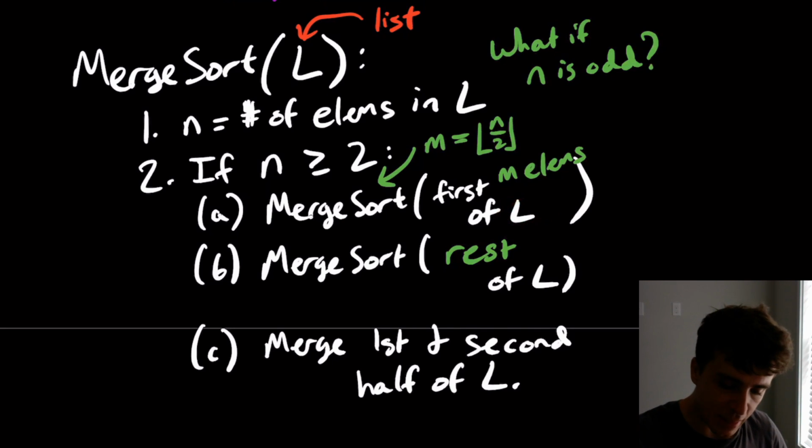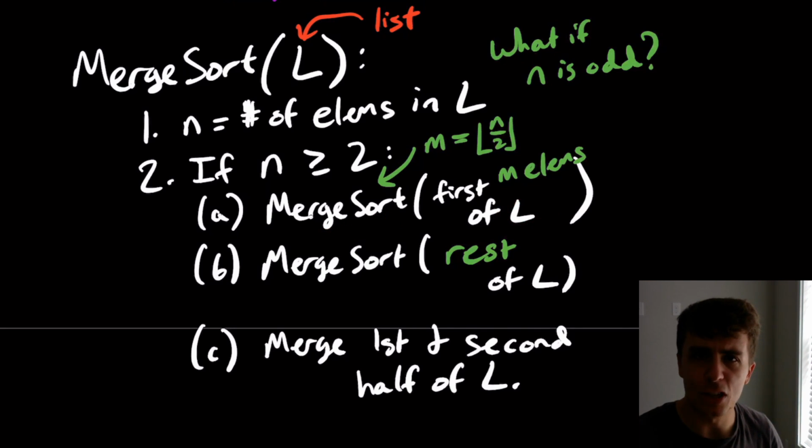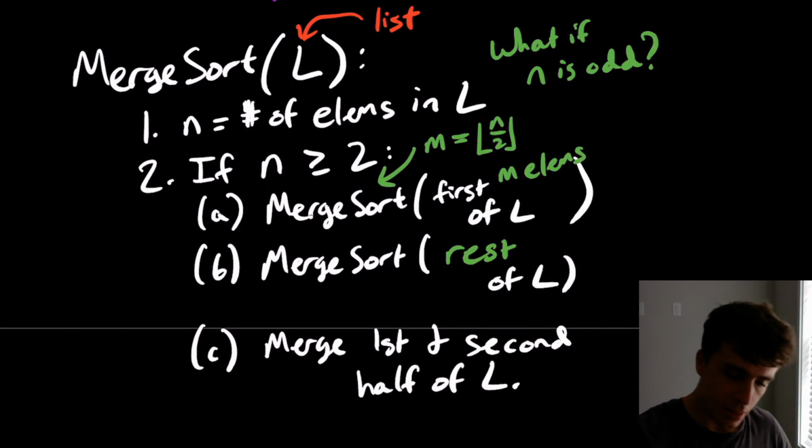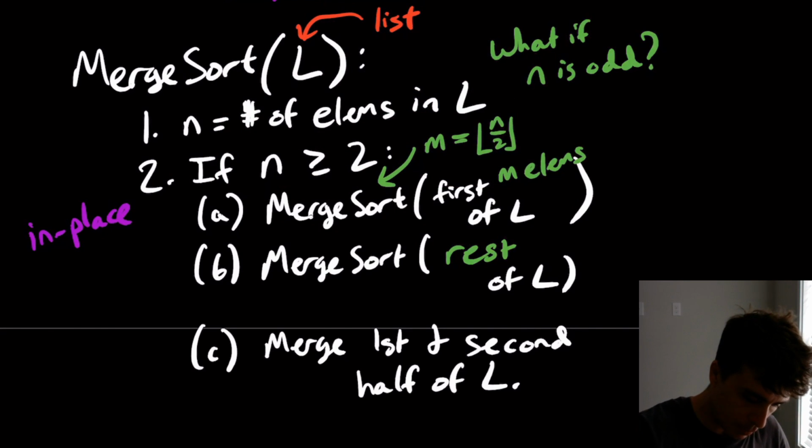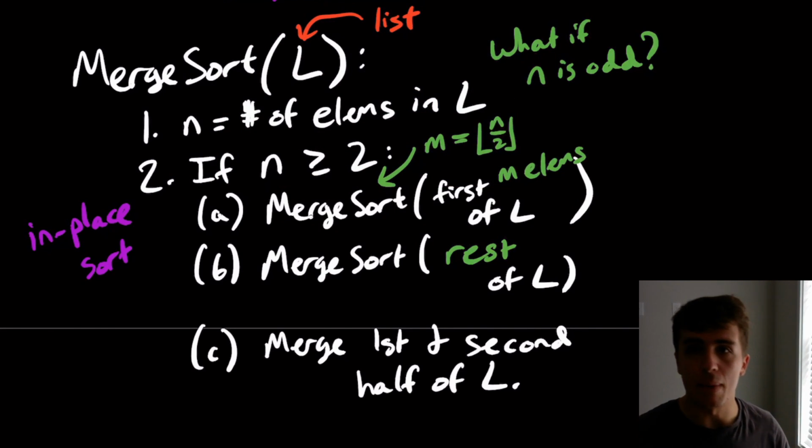So one thing you may be thinking, well, this function doesn't actually return a list at all. So like there's no return statement here. So this is actually what is called an in-place sort. And what do I mean by that? It means it doesn't actually create a new list, it just modifies the existing list in place, which is what we really want here.